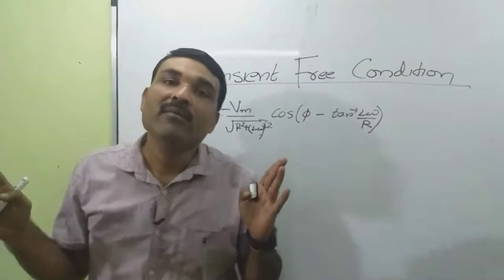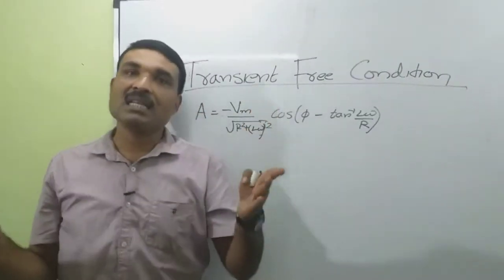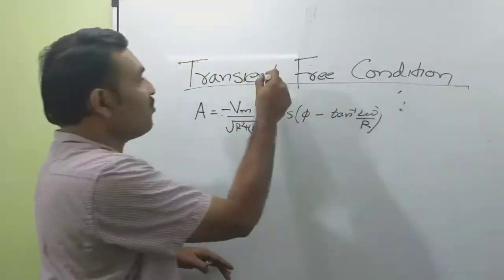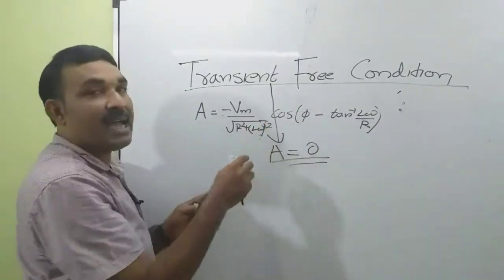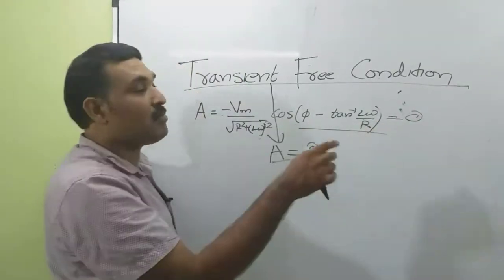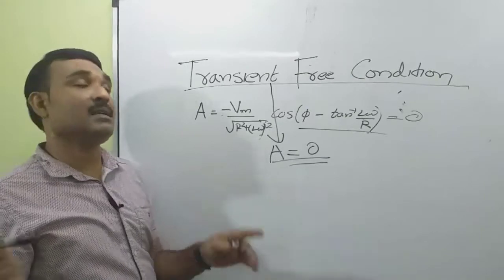Now we are going to derive the conditions for transient free response. Transient free response means the response remains only the steady state response. For this condition, A is equal to 0. A equal to 0 means cos of phi minus tan inverse L omega by R is equal to 0.